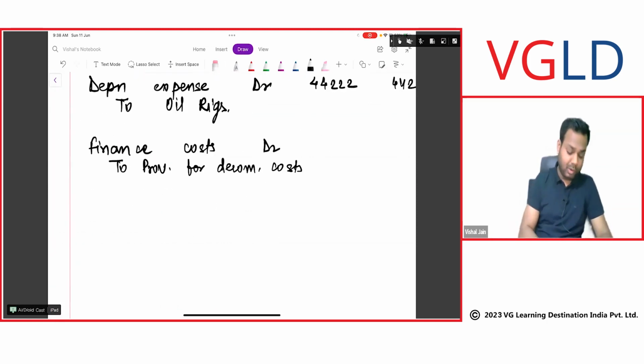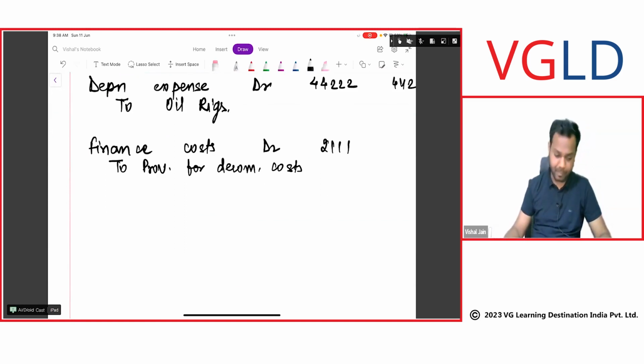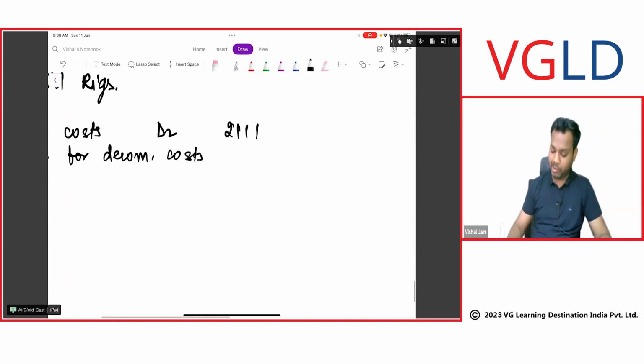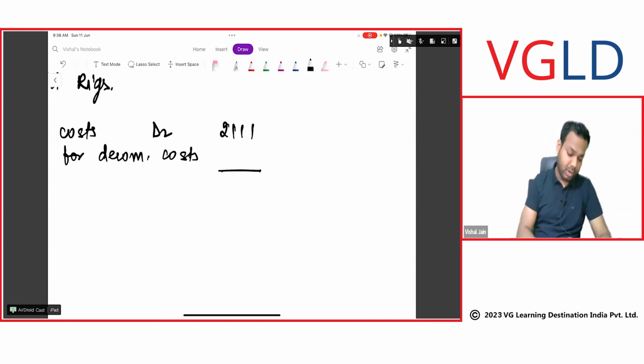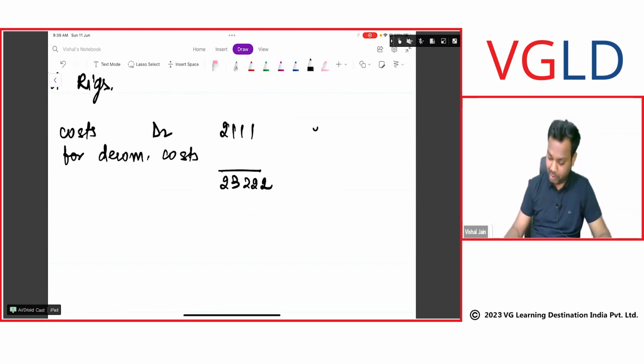Now for the finance cost, the decommissioning cost is 21111 multiplied by 0.1, which is 2111. So the decommissioning cost becomes 23,222. Again 10% of it is 2322, so it becomes 25,544.